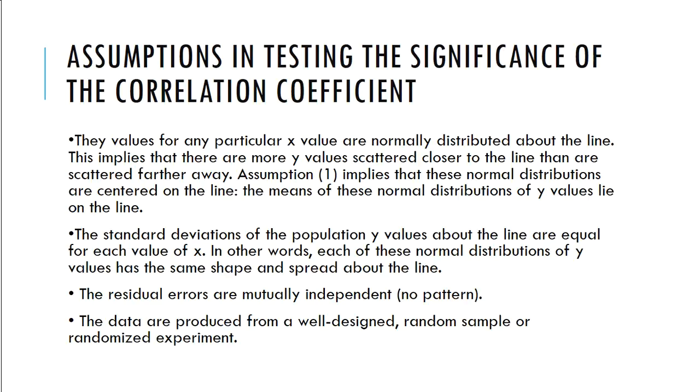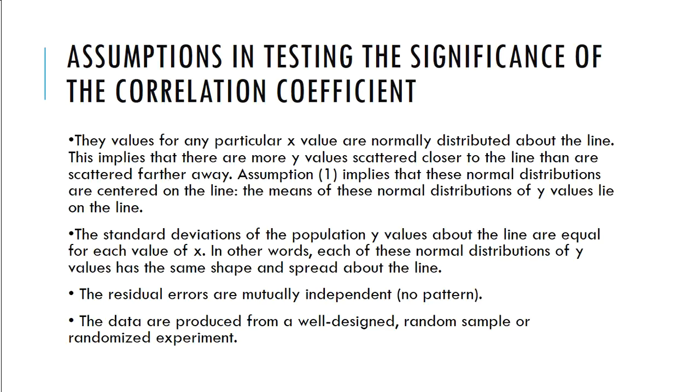Assumption 1 implies that the normal distributions are centered on the line. The means of the normal distributions of Y values lie on the line. The standard deviations of the population Y values about the line are equal for each value of X. In other words, each of these normal distributions of Y values has the same shape and spread about the line.